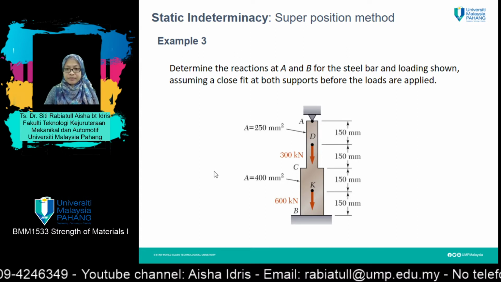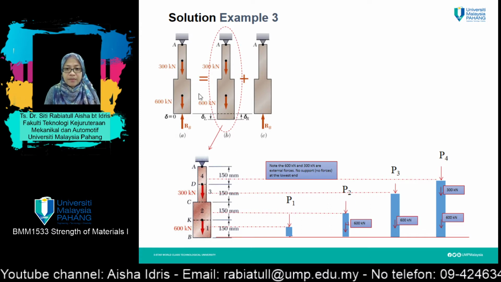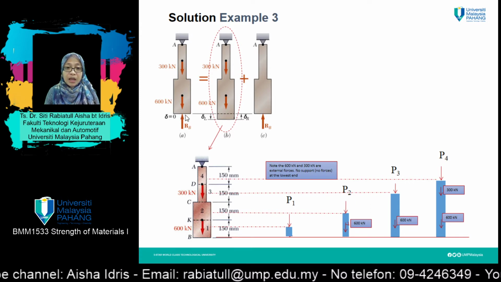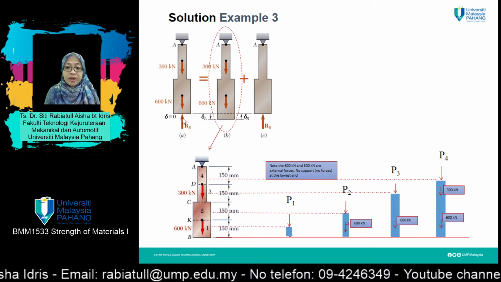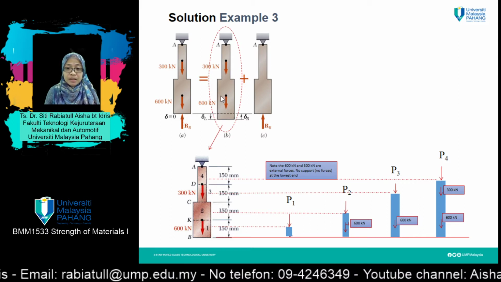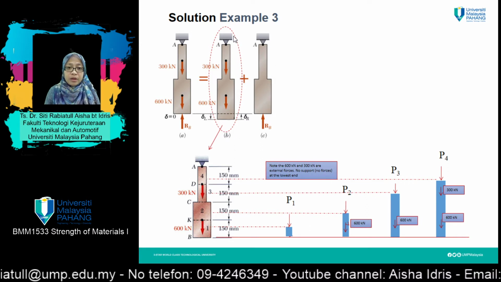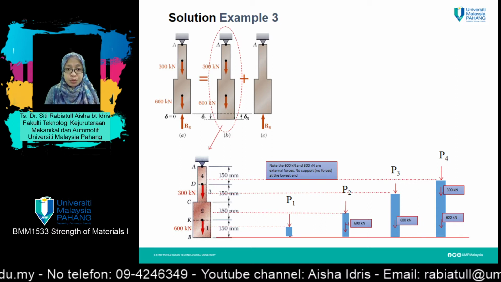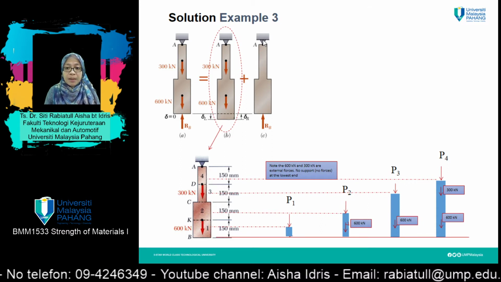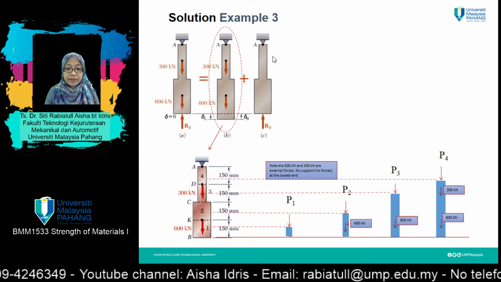So from the figure itself, this is the figure by taking out the support at end B. From there, we need to split the free body diagram. This one, the structure elongates due to axial forces plus the elongation due to the redundant load.